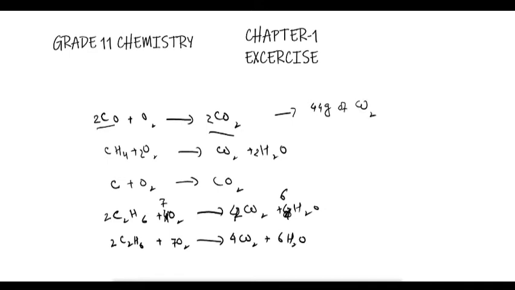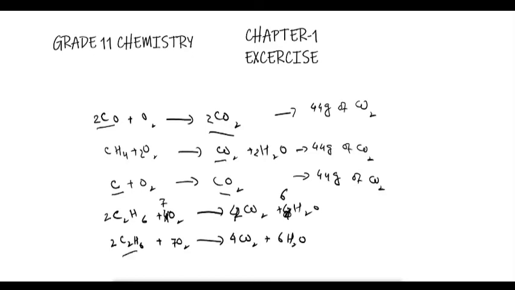Okay. And when 1 mole of methane is burnt, it gives 1 mole of carbon dioxide. So again, that is 44 grams of carbon dioxide. When 1 mole of diamond is burnt, it gives 1 mole of carbon dioxide, and that is 44 grams of carbon dioxide.